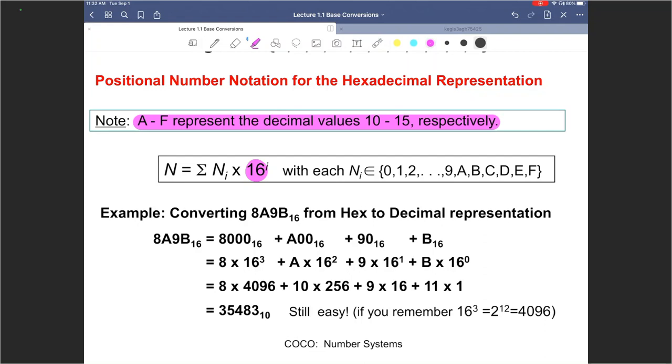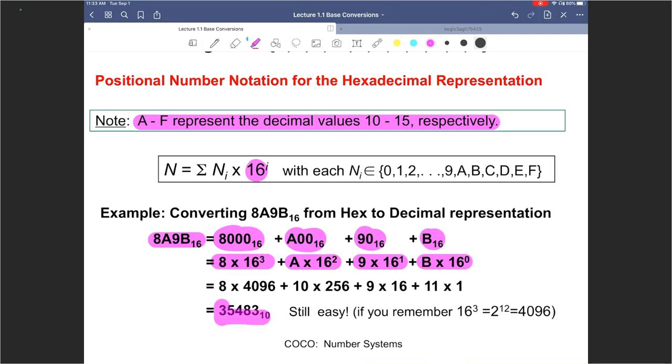So suppose you are doing this example. This number 8A9B represented in hexadecimal number system. How do you know what is it in decimal? Well, take each hex digit, B, 9, A, and 8, multiply them with increasing powers of 16, increasing powers of the base, and add them up.